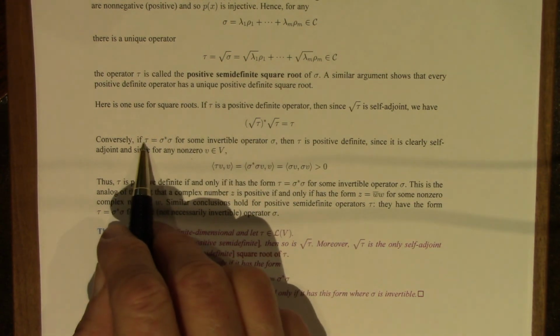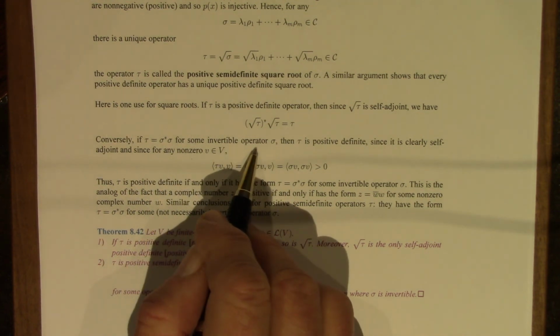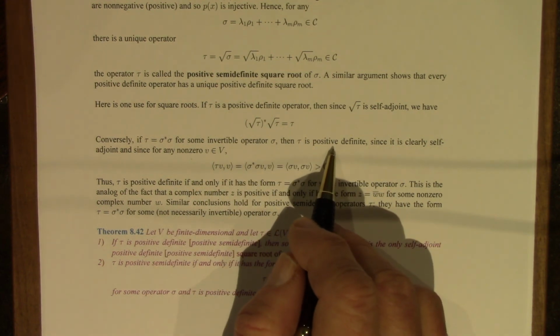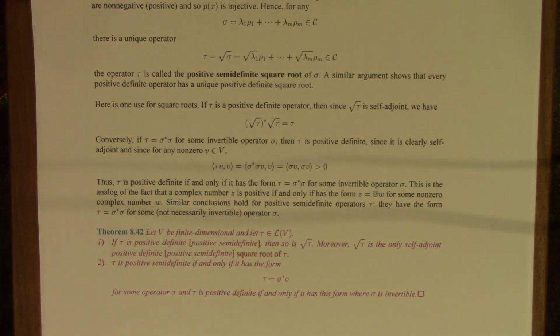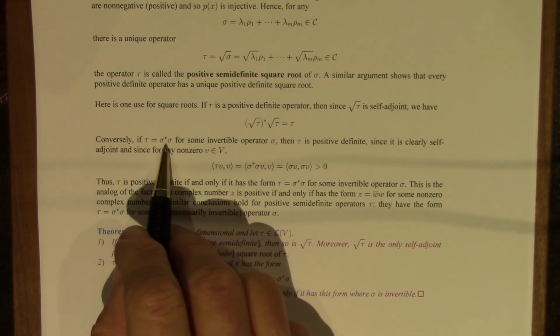Conversely, if tau has this form, sigma star sigma, for some invertible operator, then tau will be positive definite. It's certainly self-adjoint. If you take the adjoint here, you get tau back again.